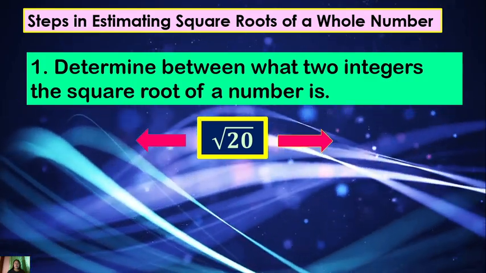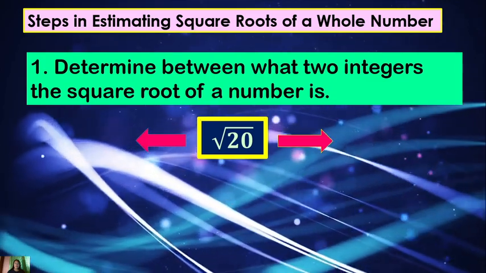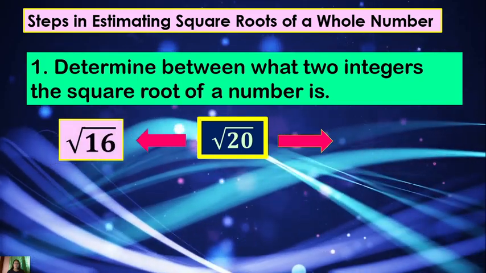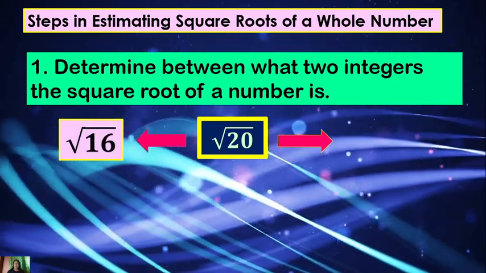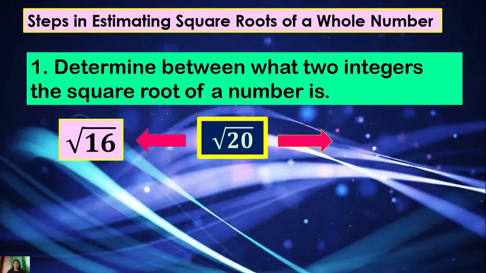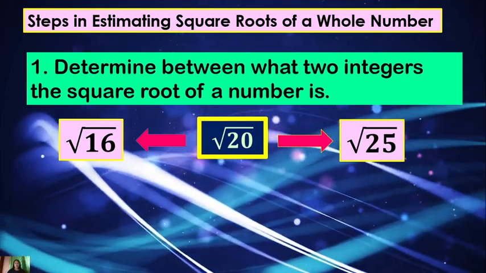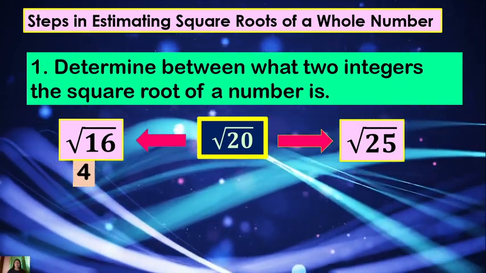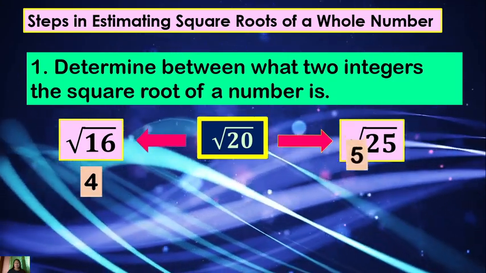Okay, square root of 20: a perfect square less than 20 is 16, and a perfect square higher than 20 is 25. We all know that the square root of 16 is exactly 4, and the square root of 25 is 5.